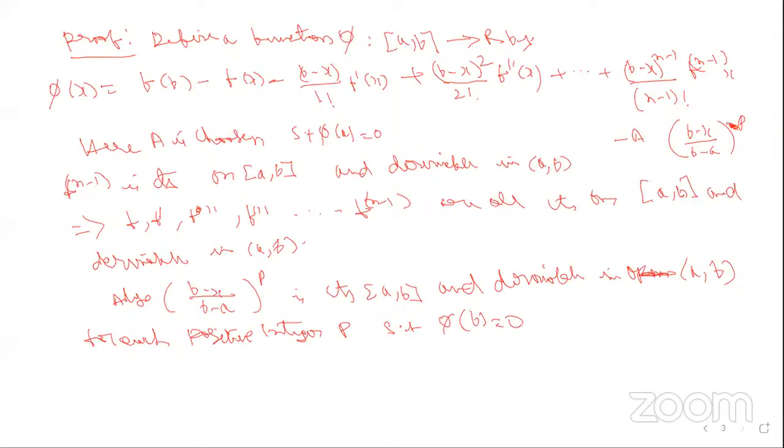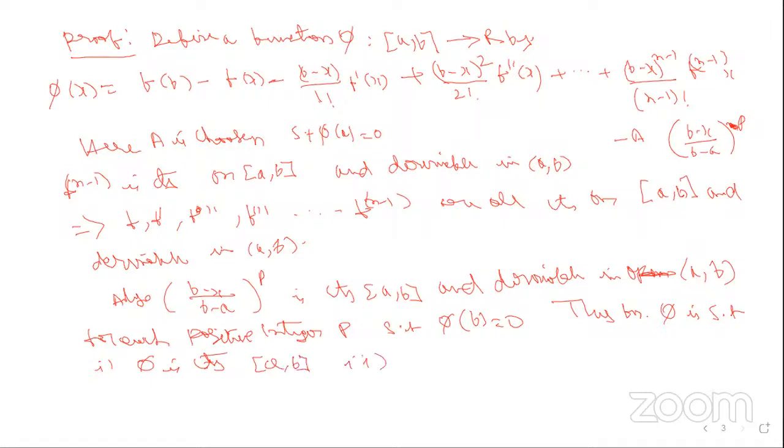Thus function phi is such that: first condition, phi is continuous in closed interval [a, b].